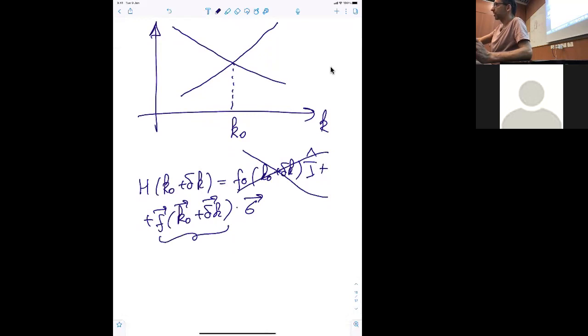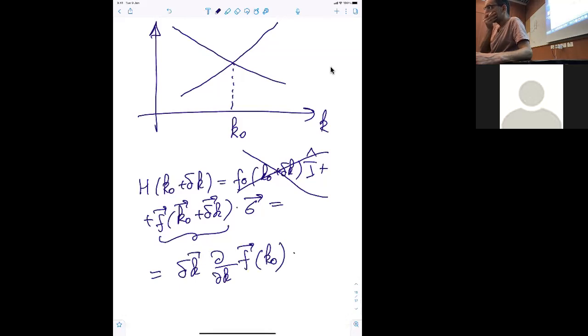Now, if this point is not a special point, and it's a generic point somewhere in the material, then we will end up having something that looks like delta K times the derivative of this vector of functions times sigma.